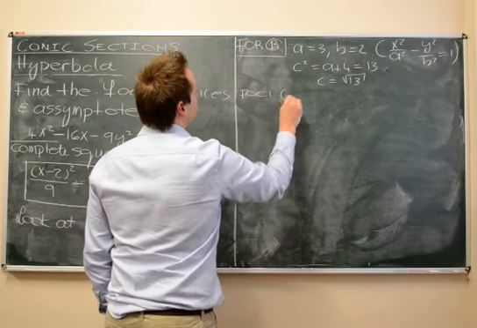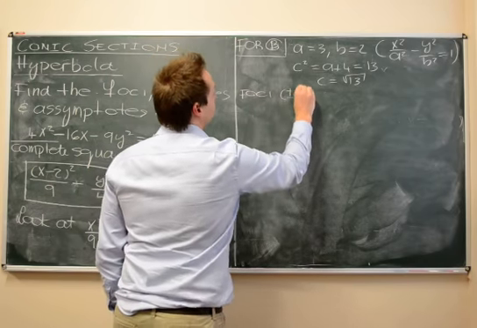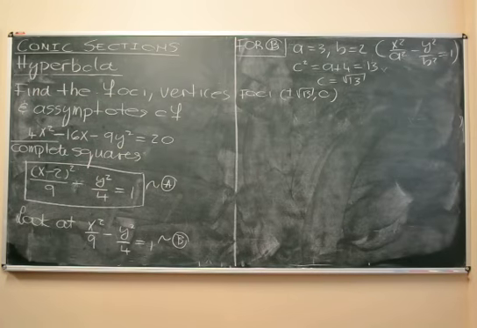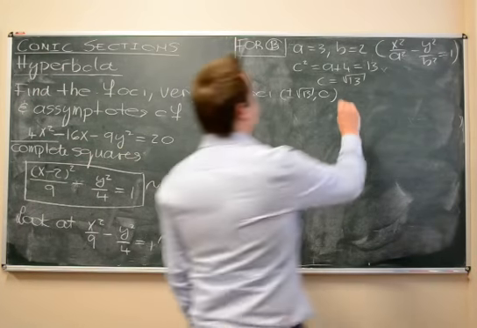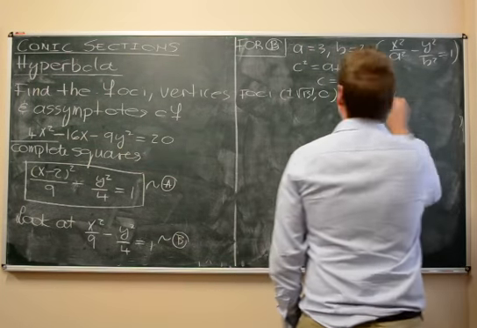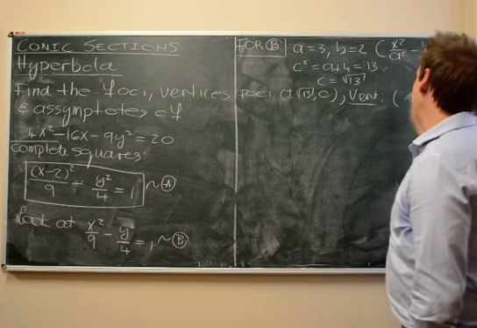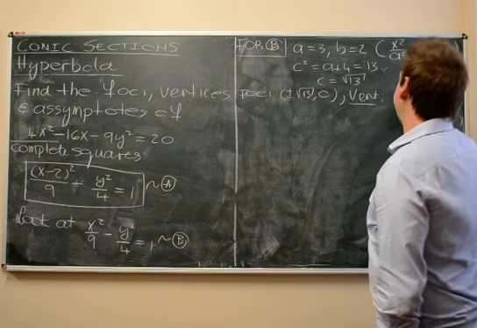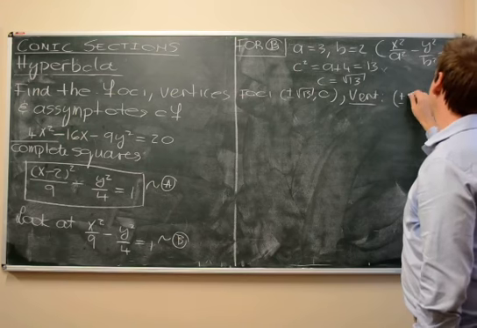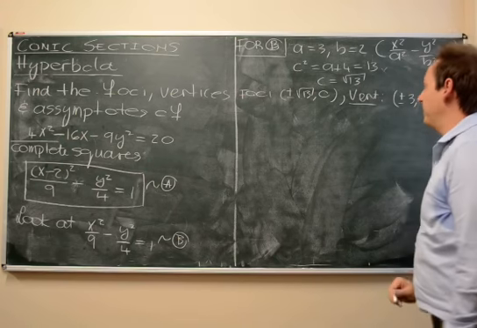So the foci would be at plus or minus c, 0, and c is root 13. The vertices would be at plus or minus a, and in this case a is 3, so plus or minus 3, 0.